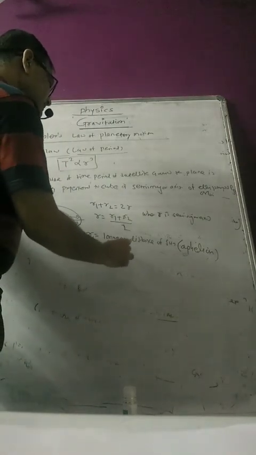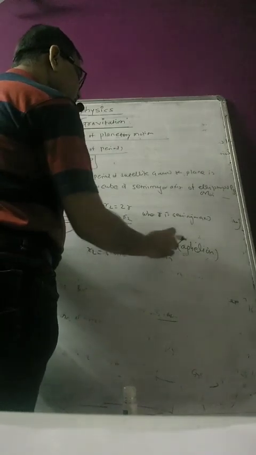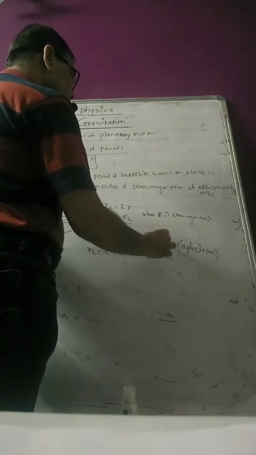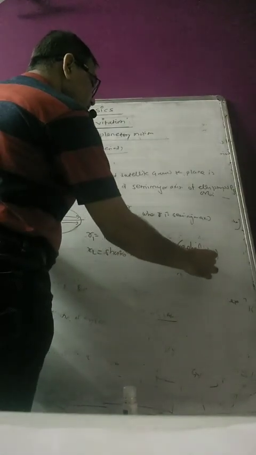And R2 is the shortest distance from the sun to the planet, and that is called as perihelion, okay. तर मुलांनो हा झाला तुमचा एक लॉ, that is T square is directly proportional to R cube.